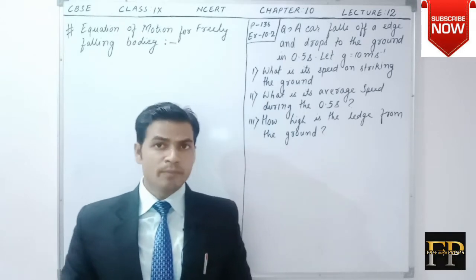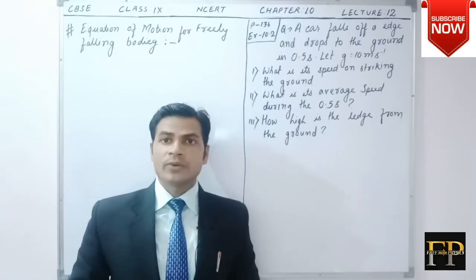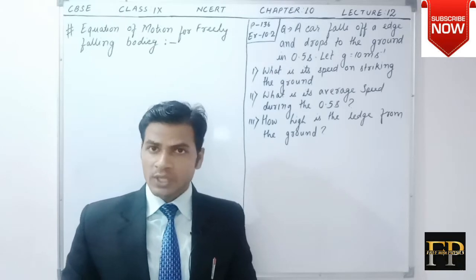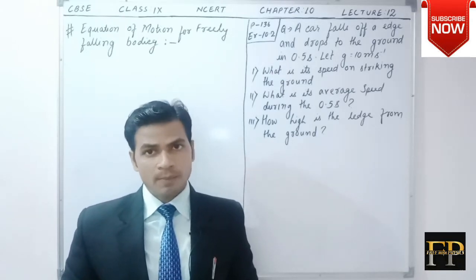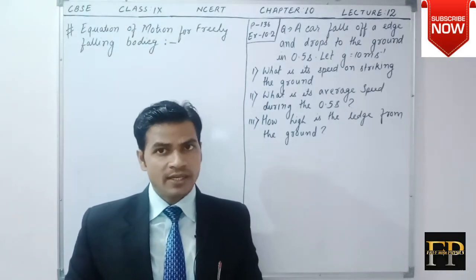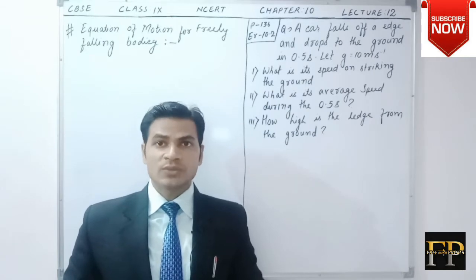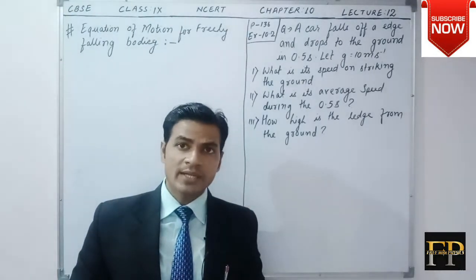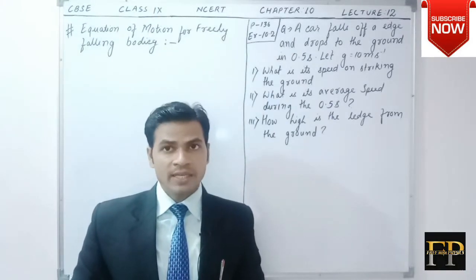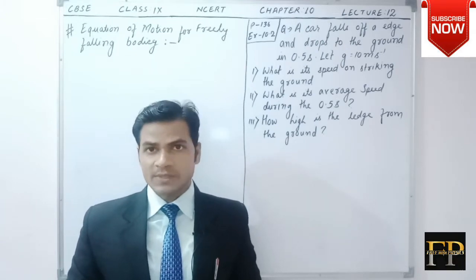We discussed the three equations of motion for uniformly accelerated bodies, and we know that a free falling object is accelerated uniformly at a particular place. So the equations of motion which we studied in chapter 1 are also valid and applicable for the motion of free falling objects.